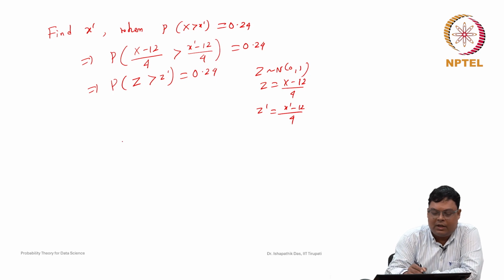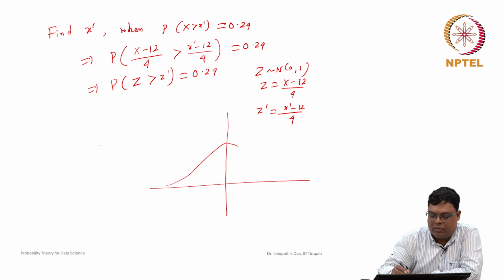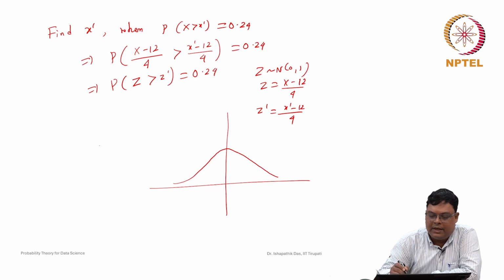Now, how can we find this z dash? We want this probability to be 0.24. Take the normal distribution curve, and suppose z dash is some value here, with z greater than z dash, greater than 0, having probability 0.24.